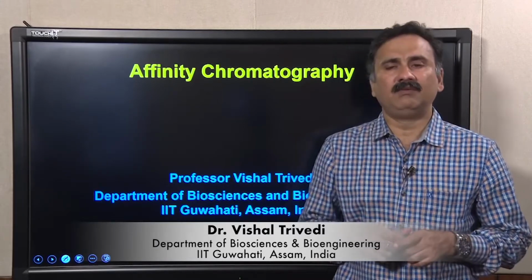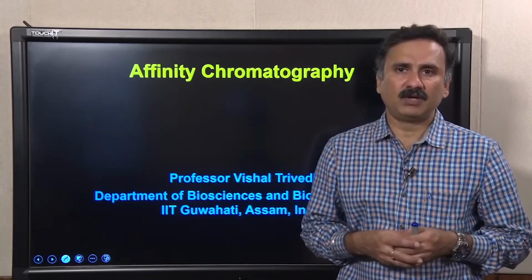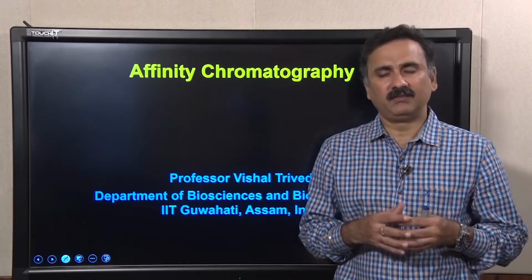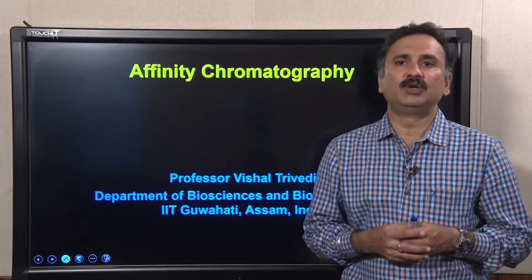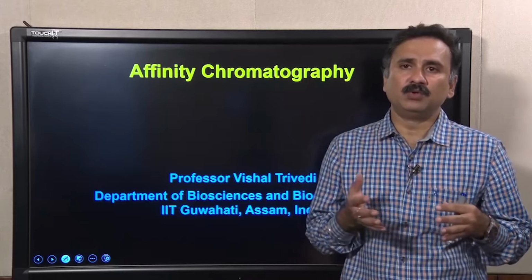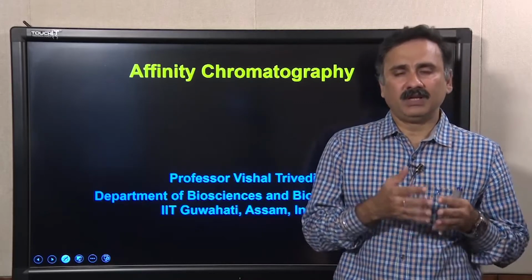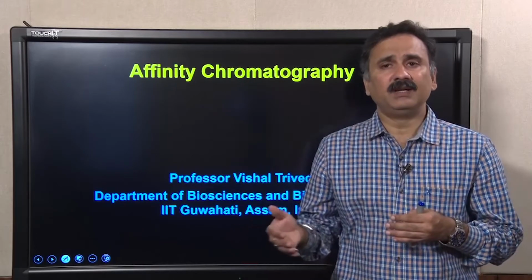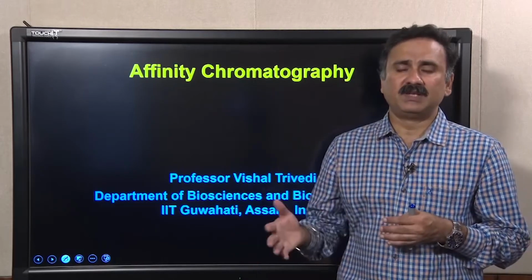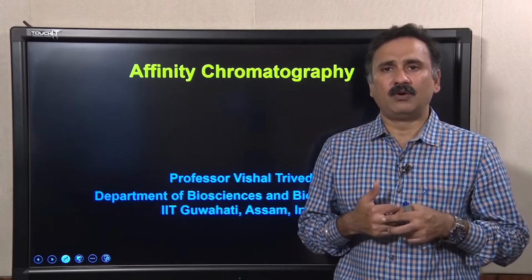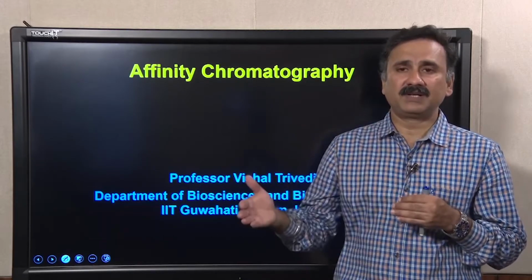And we were discussing affinity chromatography. In the previous two lectures we discussed the basic principle of affinity chromatography. Then we took an example of how to generate the receptors, and within that we discussed how to generate antibodies in animals like rabbits or mice, and how to couple the receptor to the matrix.